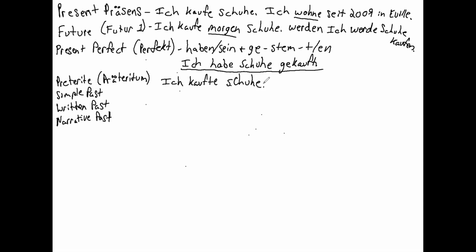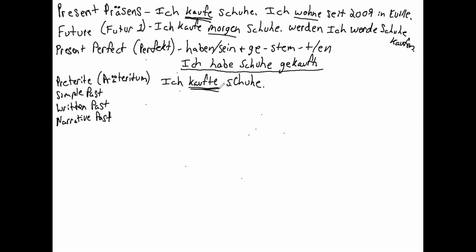And you may notice that the only difference between this present tense version I have up here and this past tense version that I have down here is a T. That's it. It's Ich kaufte. There's a T instead of Ich kaufe. Okay, so this is where pronunciation is kind of important. Make sure that you enunciate well enough that I know the difference between Ich kaufe and Ich kaufte.